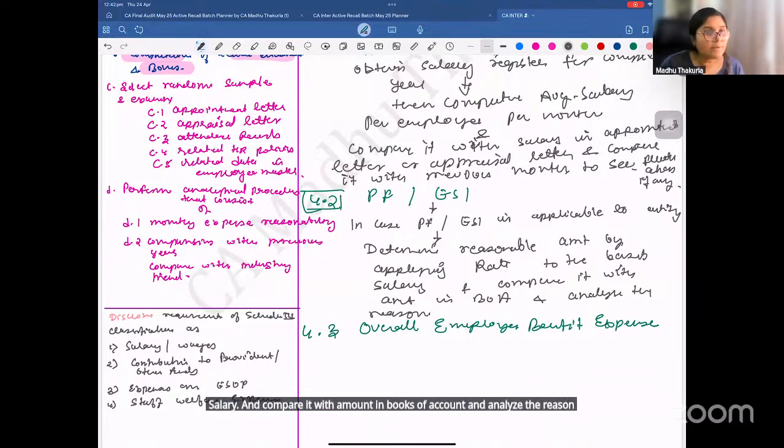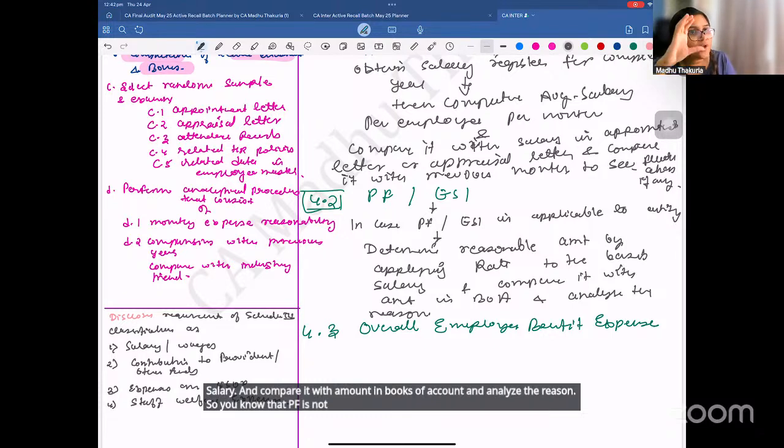You know that PF is not supposed to be deducted on 100% of the salary. It is only to be deducted on the basic salary. You know that because you have studied income tax, so you know there is a basic salary and then there are allowances over it.